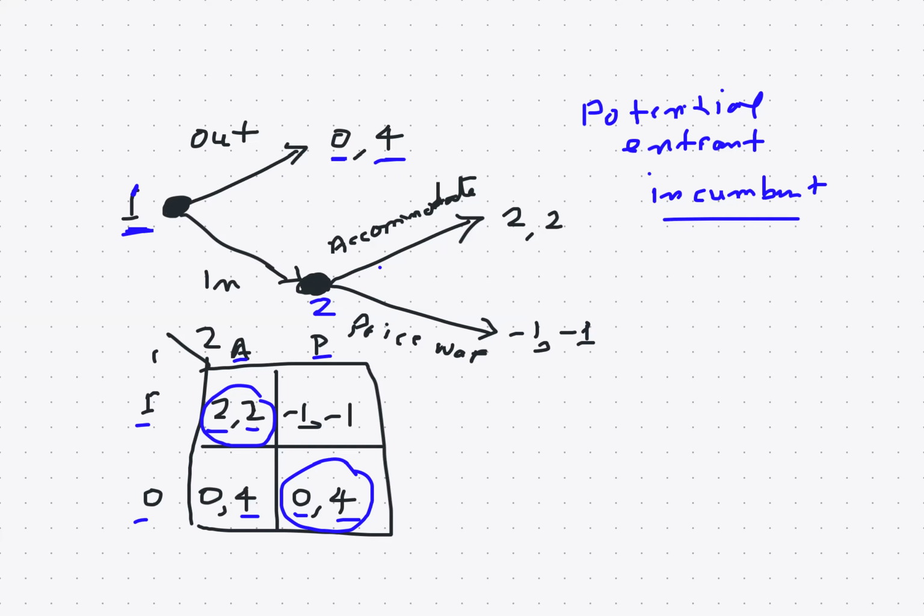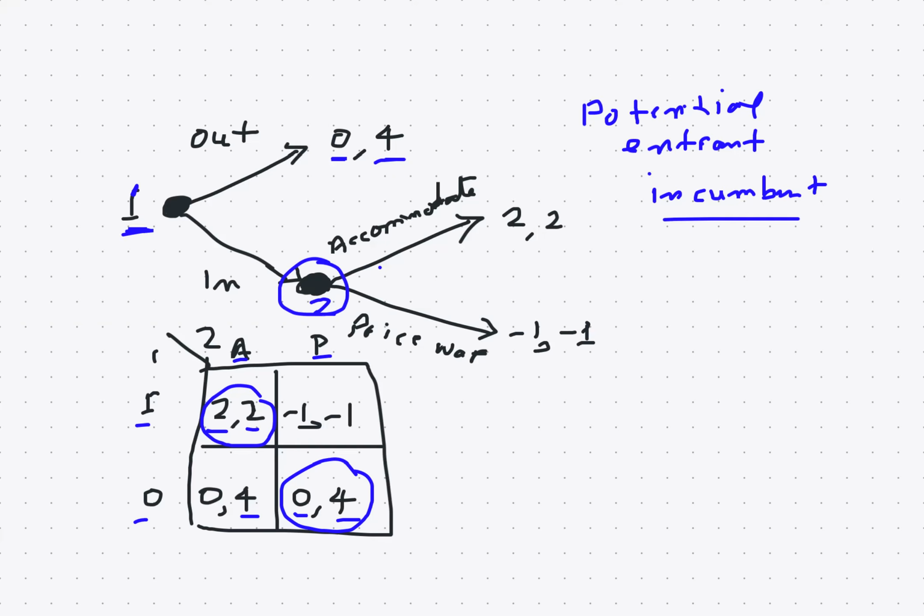So let's look at player two first, which is the incumbent. It has one decision node here, as you can see. Let's say player one moves in and competes with player two, the firm two here. Will firm two initiate a price war?